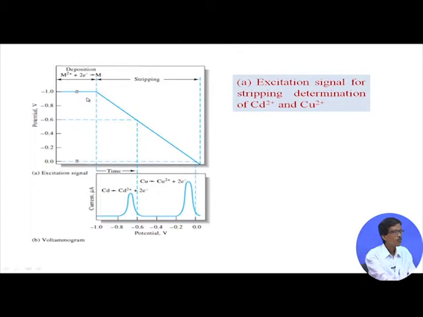As you move from minus 1 back to 0 you scan, and your electrode is now the anode. You excite it and then record the voltammogram. This is a very quick process, you do not need to spend much time.